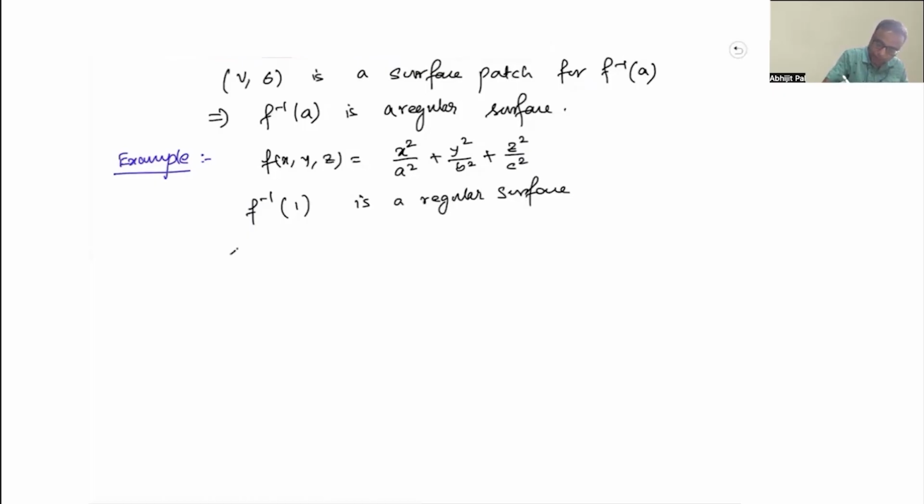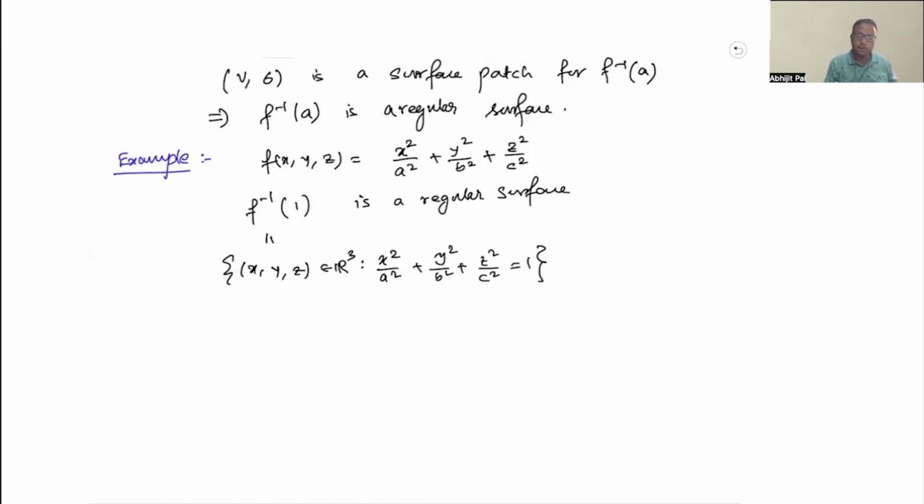This is exactly all those (x, y, z) in R3 such that x square by a square plus y square by b square plus z square by c square is equal to 1. So the ellipsoid is a regular surface. If I take a equal to b equal to c equal to 1, then you'll get a sphere. So the sphere is a regular surface.